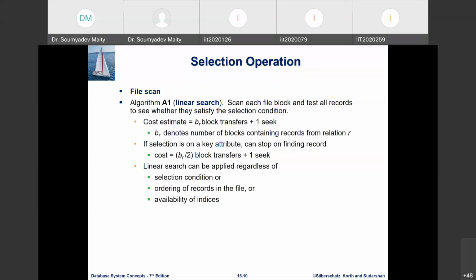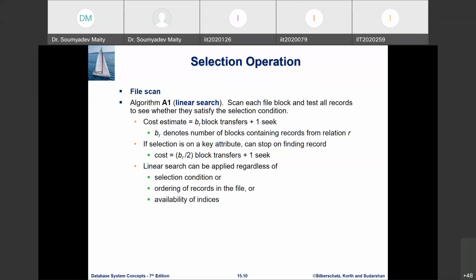Now, let us try to estimate the cost associated with this algorithm. How would we evaluate the cost? We would evaluate the cost in two terms.